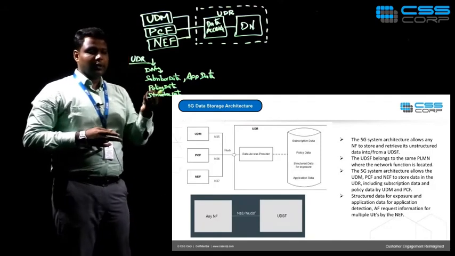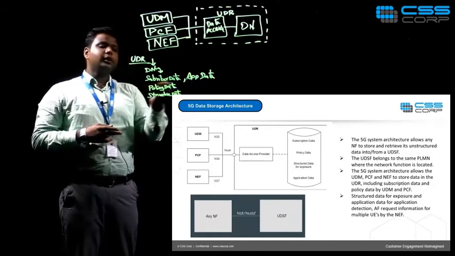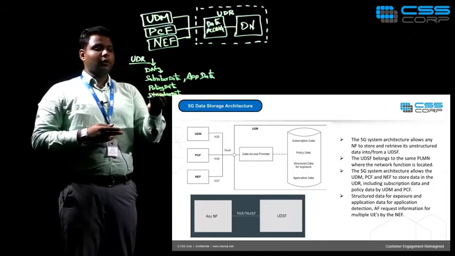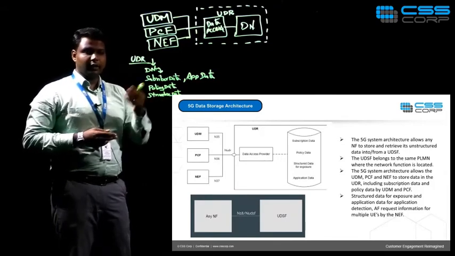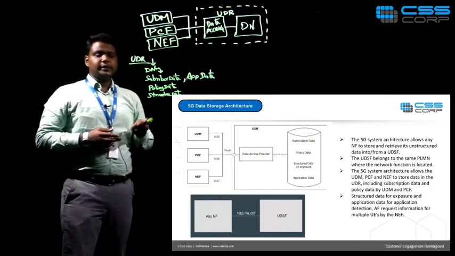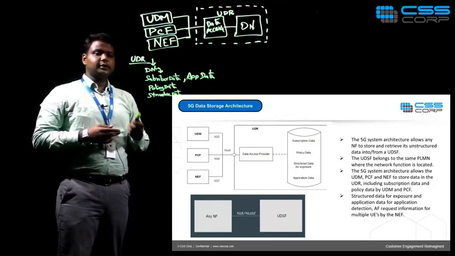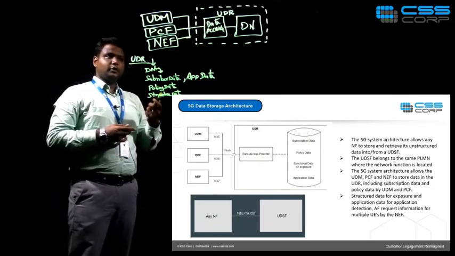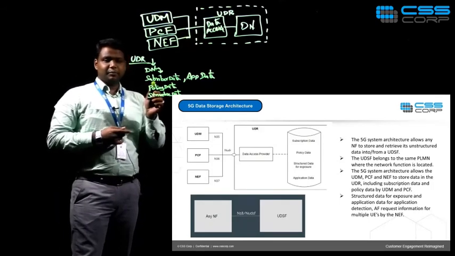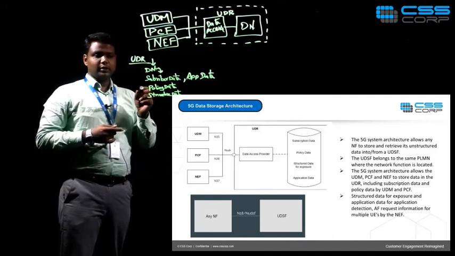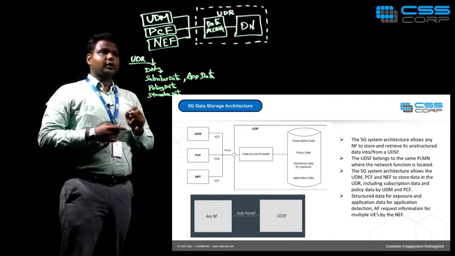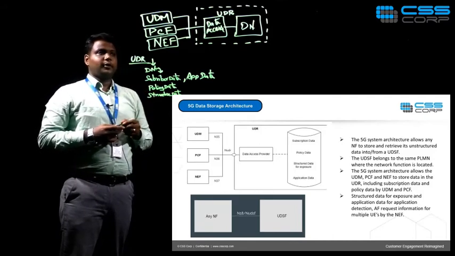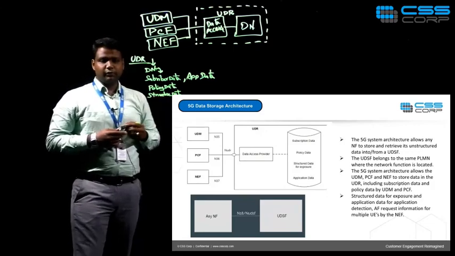So the UDR will have the DN networks with these kinds of subscriber, policy and structural data in the data network. Any UEs can directly access this UDR and get their data from the UDR network. It is a temporary data storage which is used to have the caches and history of data files.